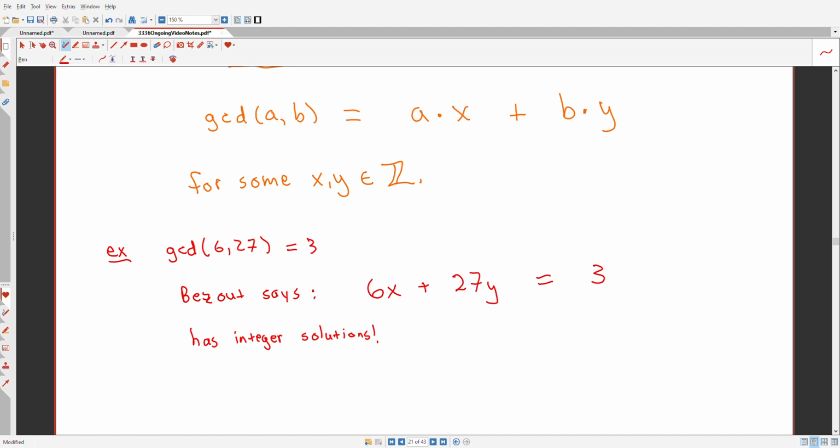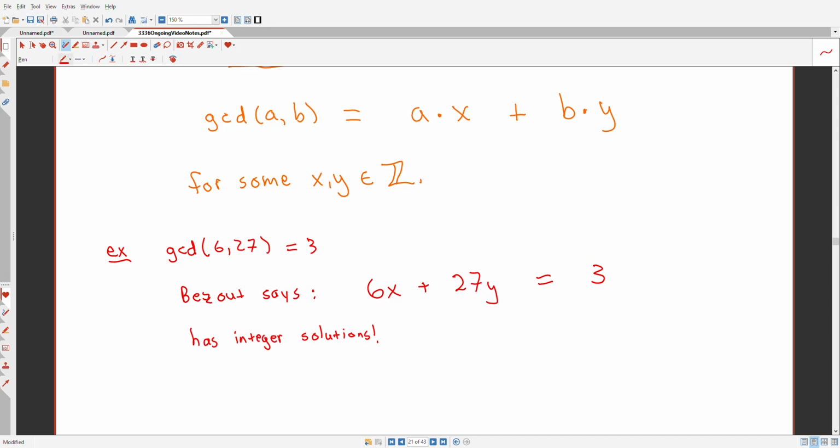Now, the way I stated the theorem, it doesn't tell you how to find them, but let's see if we can find what x and y might be, or could be, to make this true. And I think it doesn't take much.